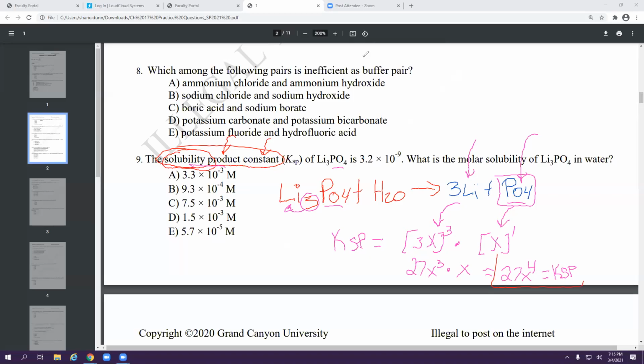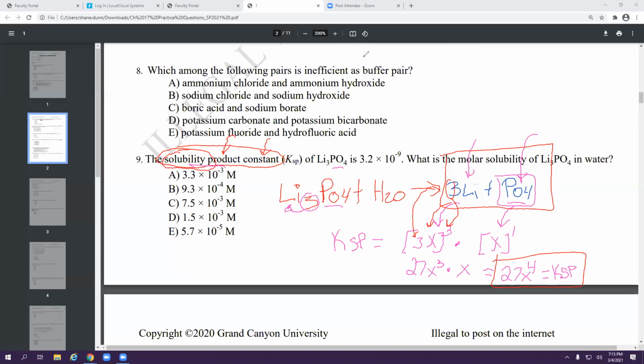Break apart the products into their ions and then multiply them by the x, but keep the coefficient there and make it the exponent. Why the exponent? Because remember with K, anytime I have something in front of the number, it also becomes an exponent. It's just following the same K values as before, right? That's how it's going to be done.